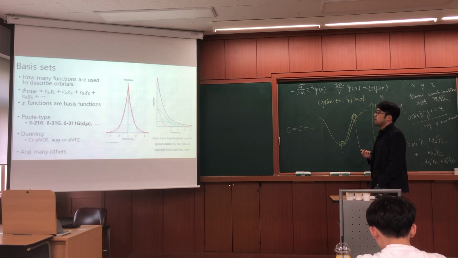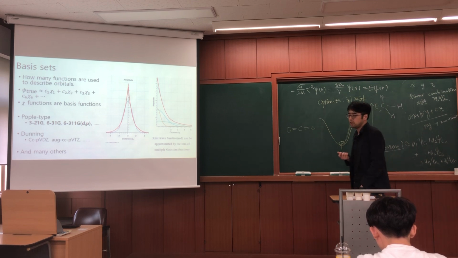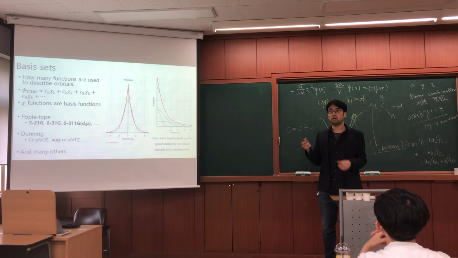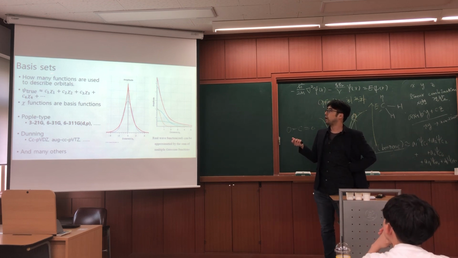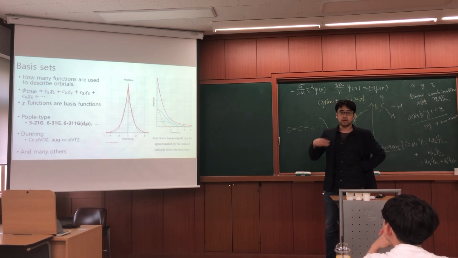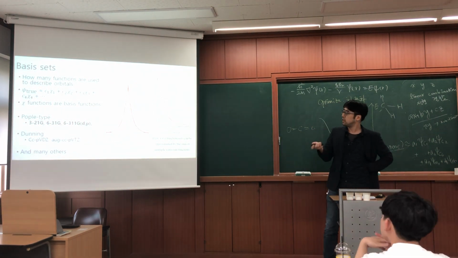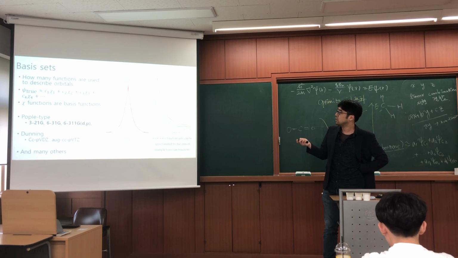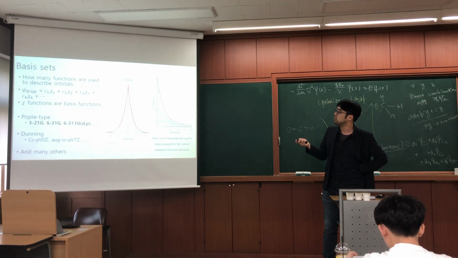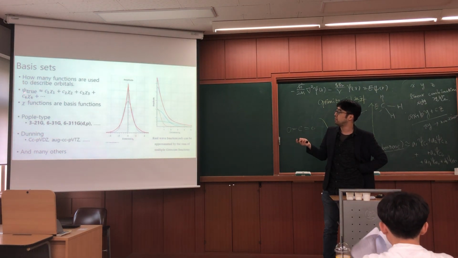For Gaussian calculations, for quantum mechanical calculations, you will see the term basis set. As I mentioned in this class, since we cannot calculate the true wave function of a system, we have to approximate it as a sum of easier ones, or things we know.